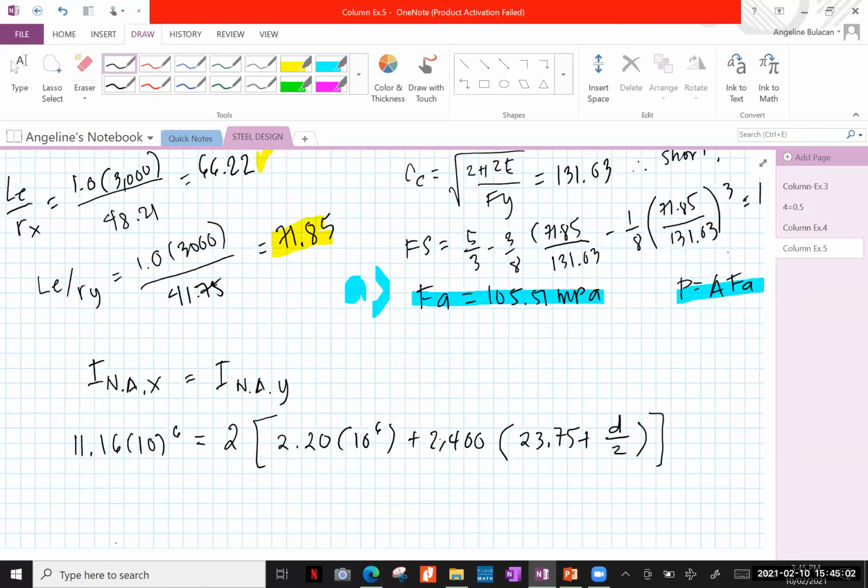Ito yung ideal distance if you want an equally strong axis. So, kung i-compute natin to, your d will be equal to 11.16 times 10 raised to 6 divided by 2 minus 2.2 times 10 raised to 6 divided by 2, 4. Then minus 23.75 times.